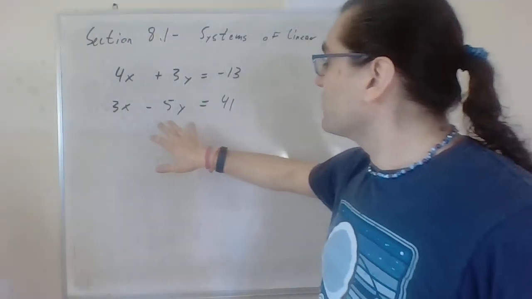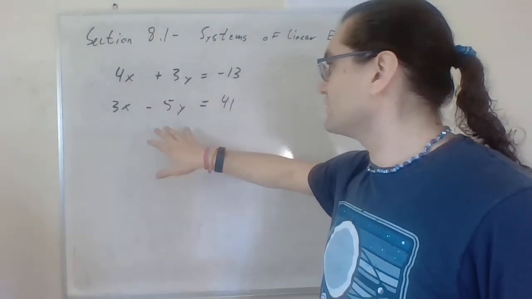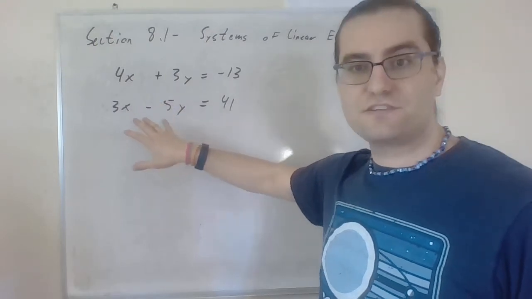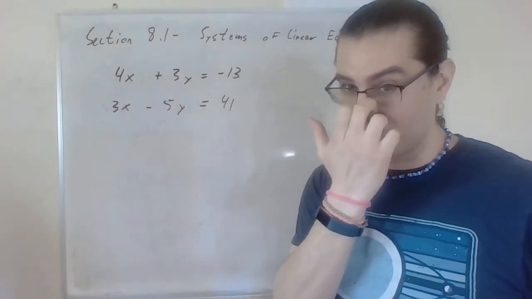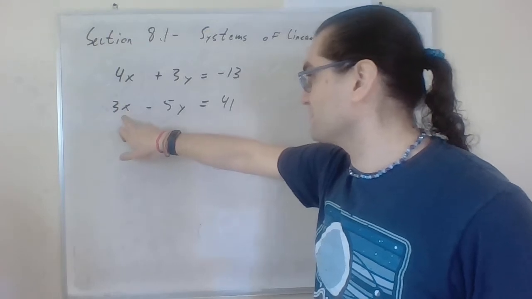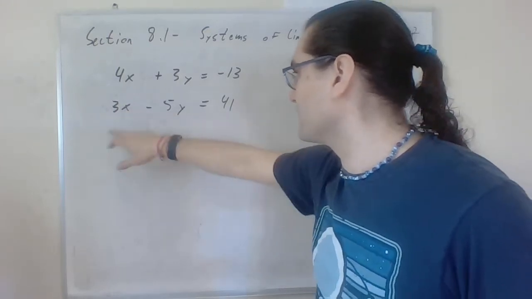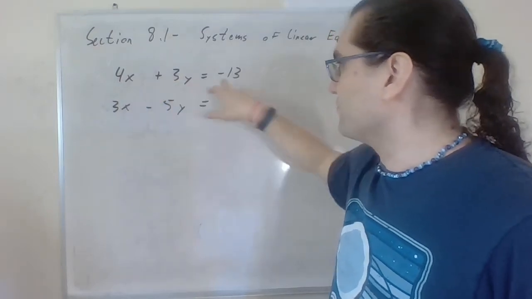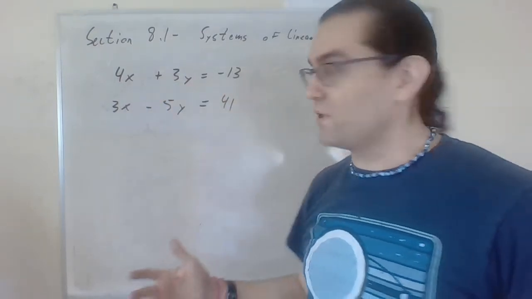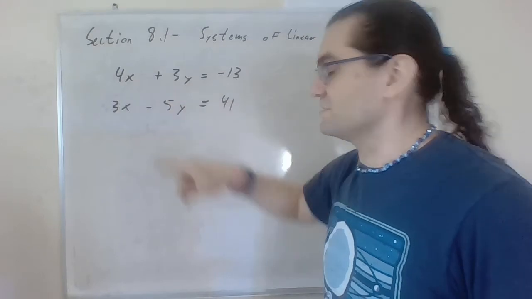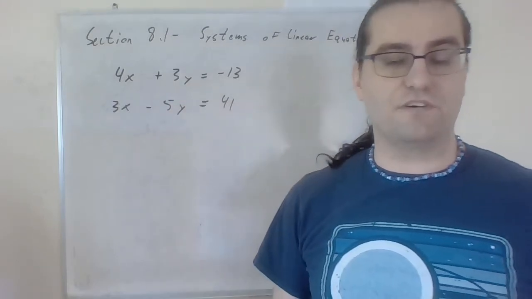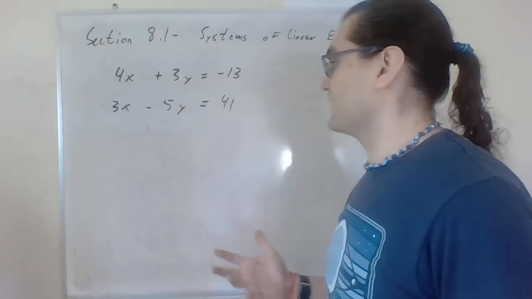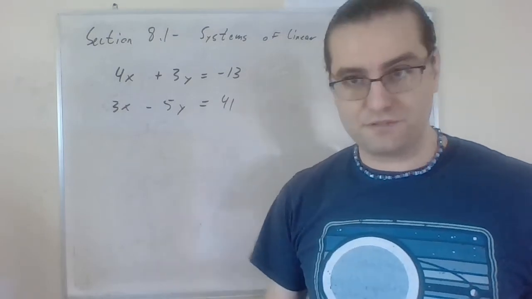If you try to do this one with substitution, any decision you make is going to involve a lot of fractions. So if you try to isolate this one, then you'll have 5/3 and 41/3. If you try to isolate this, you'll have 3/4 and 13/4. No matter what you do, since all of these have coefficients, you're going to get fractions involved. So I think this is a great candidate for solving it by elimination.